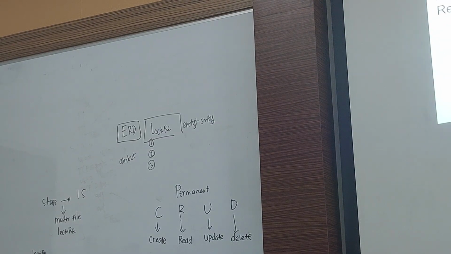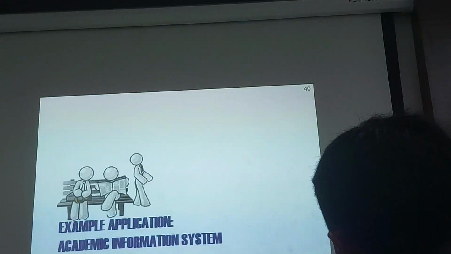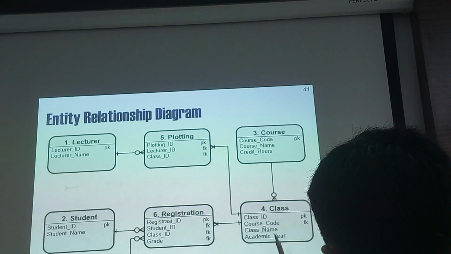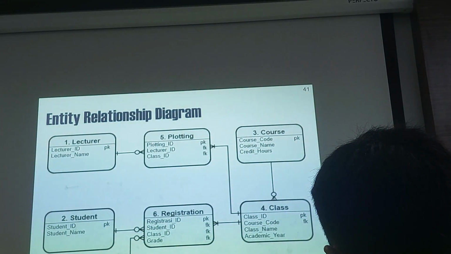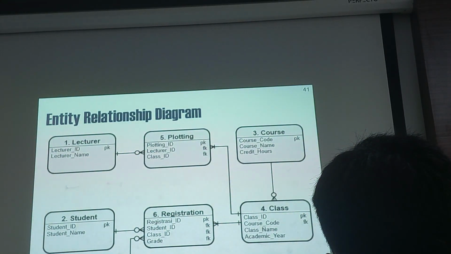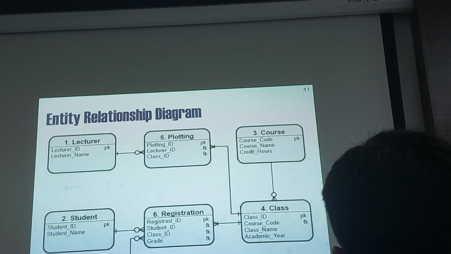So if we update about lecture ID or the name of the lecture, the name of the lecture maybe needs updating if they have an additional title like that. Student will be updated.